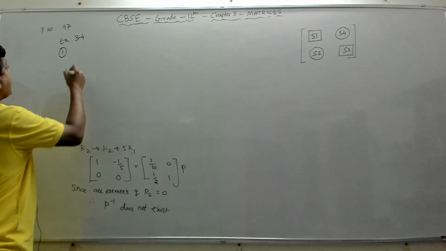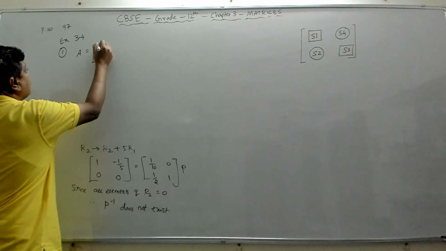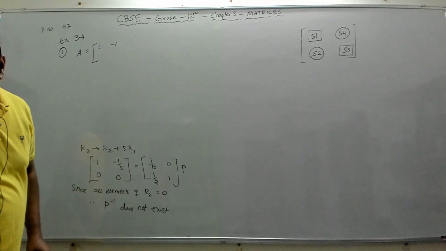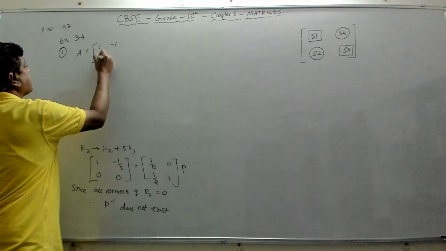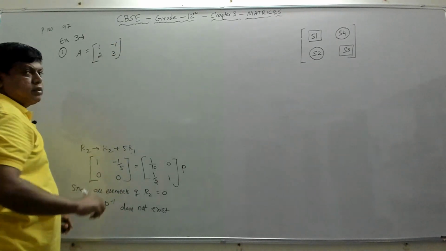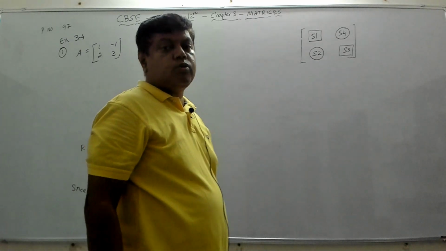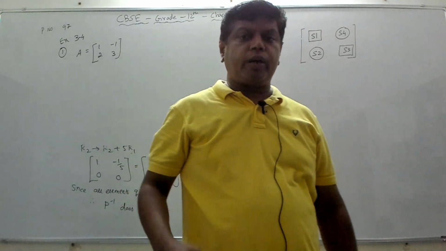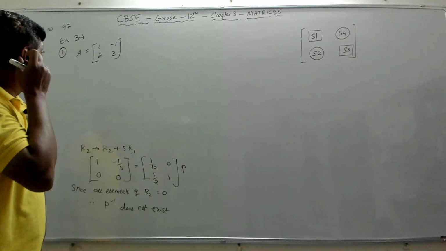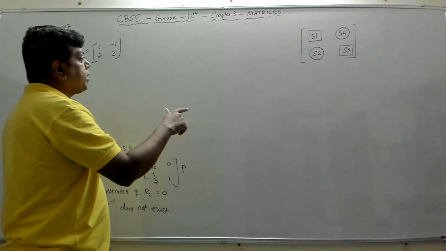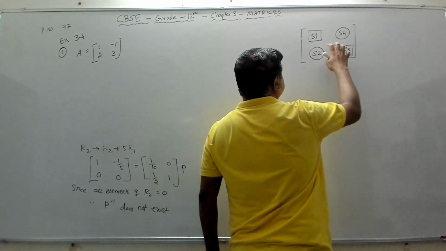Suppose the given matrix A is 1 minus 1 2 1 3. You need to find the inverse of this matrix using elementary row or column operations. Again we will use row operations to find the inverse. For row operations, the logic is this.